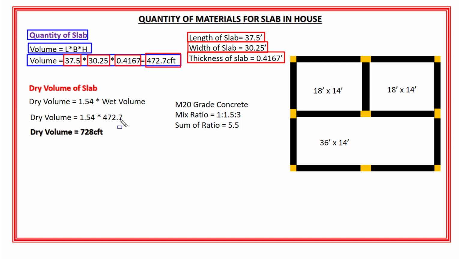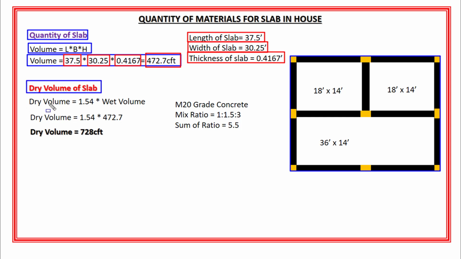Now for the quantity calculation of cement, sand, aggregate and steel for this slab, I will need two things. First is the dry volume of this slab, and second is the information about the grade of concrete, that is, which concrete grade is used in the slab construction, and also what is the mix ratio of that particular concrete grade. Okay, so let's first talk about the dry volume of slab.